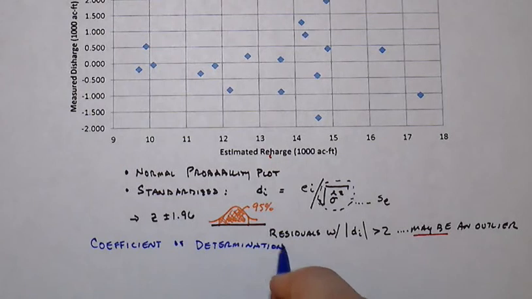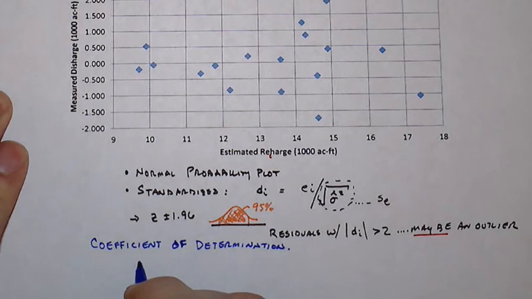Now, for some reason, I don't know anybody that calls that the COD. They call it the coefficient of determination and write it all the way out, probably because it gets confusing to say COV versus COD; it's hard to hear the difference.